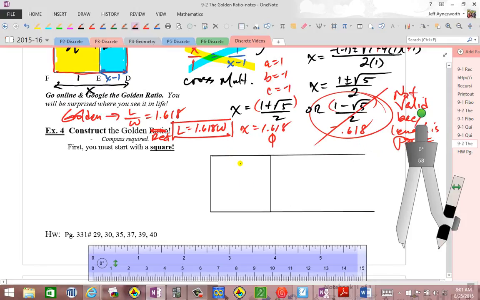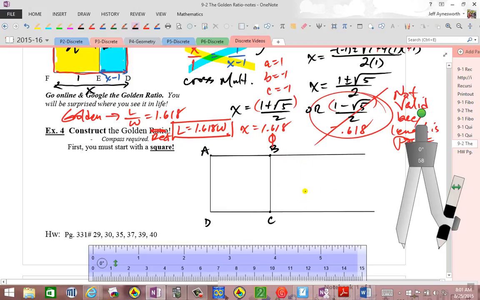The very first thing you would do here is find the midpoint of the side of the square. So we can talk about it, let's call the corners of the square A, B, C right here, and then point D. We have to find the two corners of the rectangle so that it becomes golden.